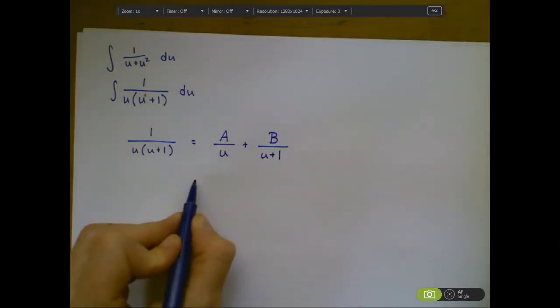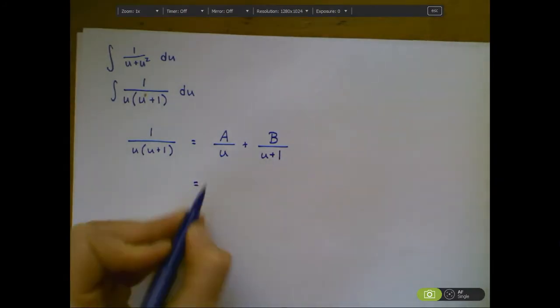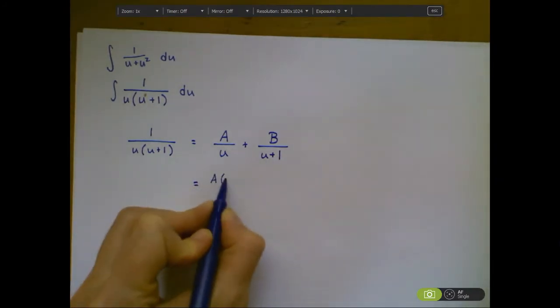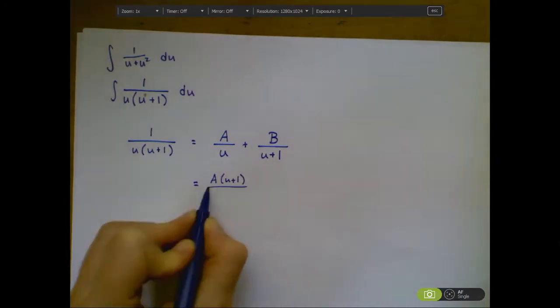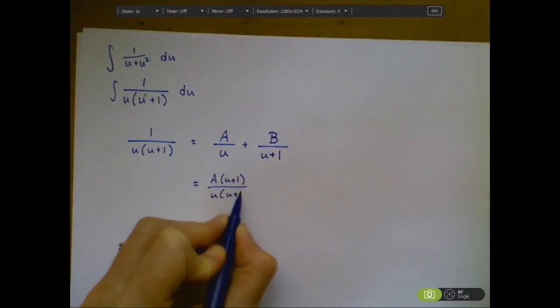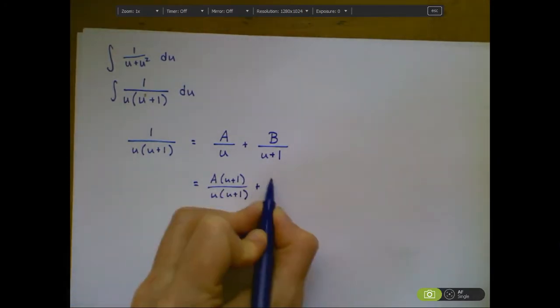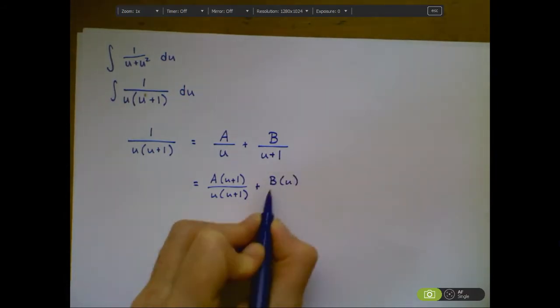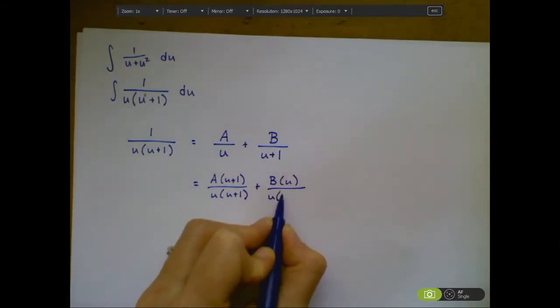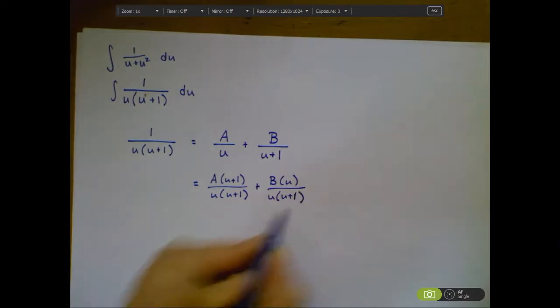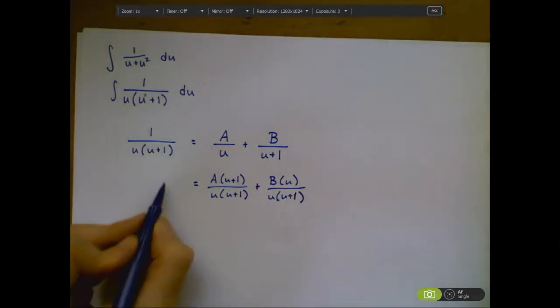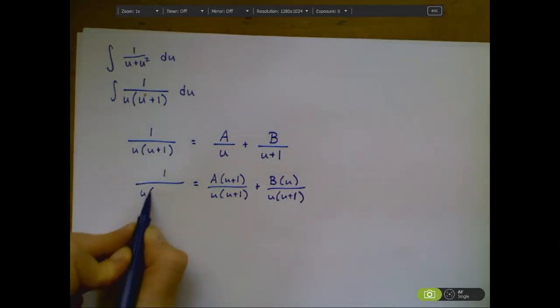You could do this formulaically, or you can see that on the right side we get A times u plus 1 divided by u times u plus 1, plus B times u divided by u times u plus 1. I'm getting a common denominator because that's exactly what my original fraction was equal to.